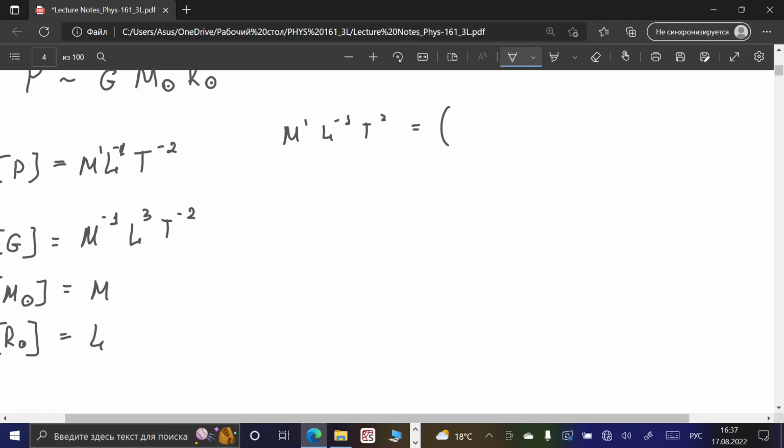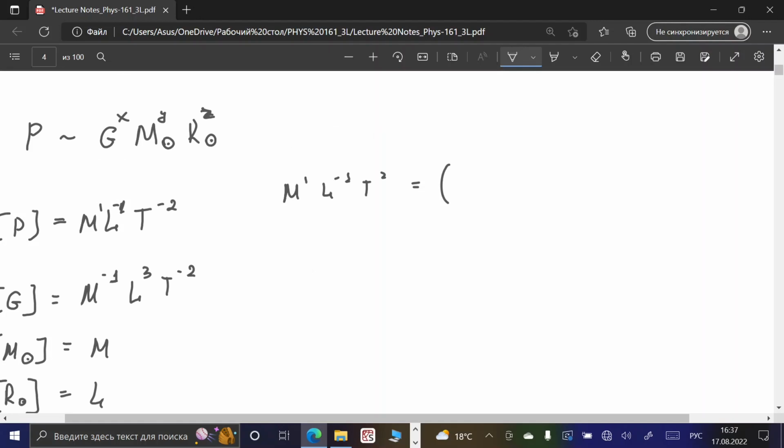That is equal to, we need to keep in mind this x, y, and z, because we don't know them, but we need to put them here for dimensions. That will be m minus 1 L in third power times T minus 2 in the power of x. So that is for gravitational constant G. Then times m in the power of y, that's for mass of the sun. And we have dimension for radius, it's L in the power of z.